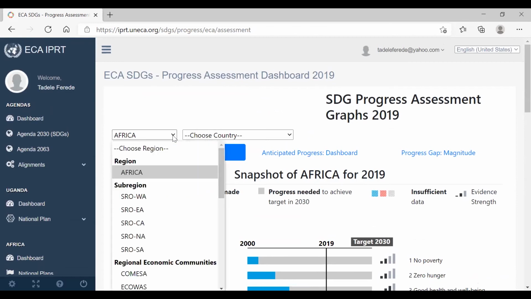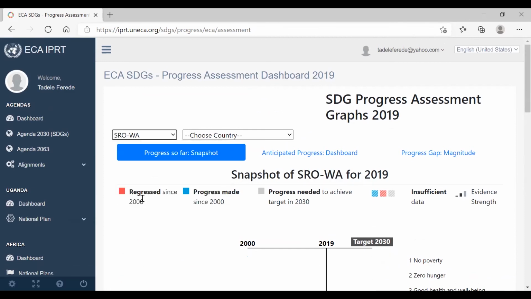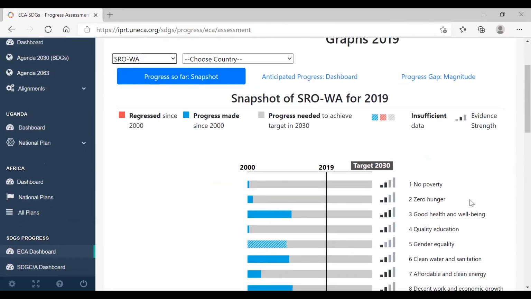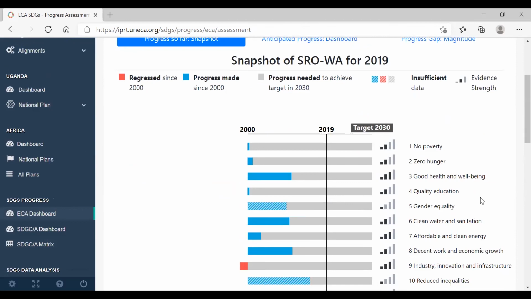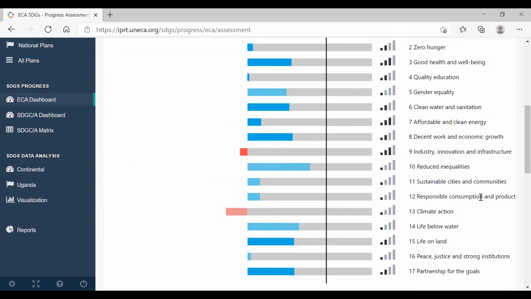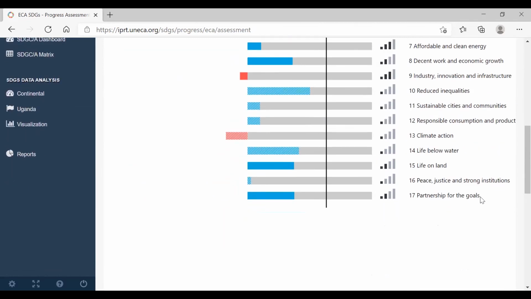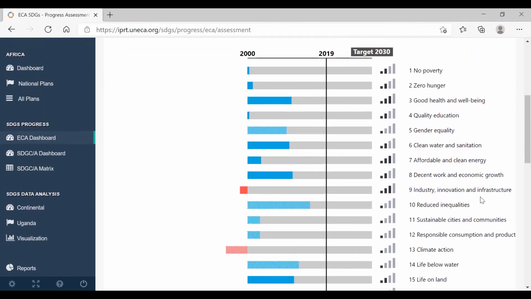And if you are interested to look at, for example, sub-regional offices, like West Africa as a whole, then you can see how West African countries as a whole progress in terms of achieving the targets set for 2030. For goal number 1, there is very limited progress for West African countries as a whole.